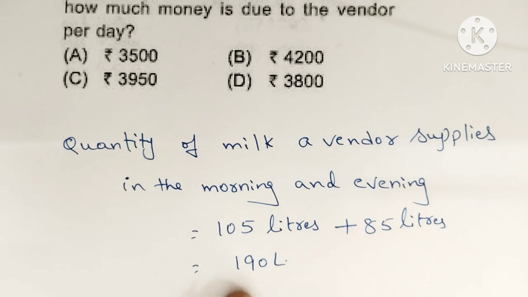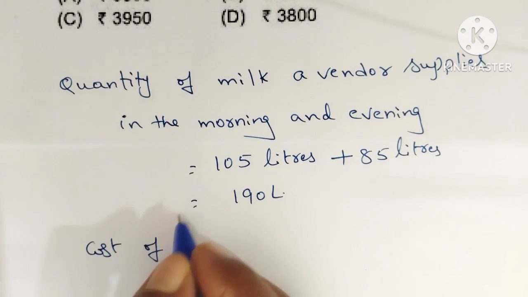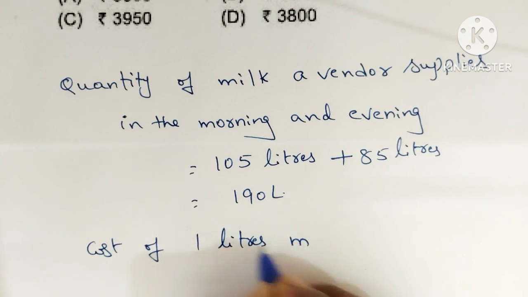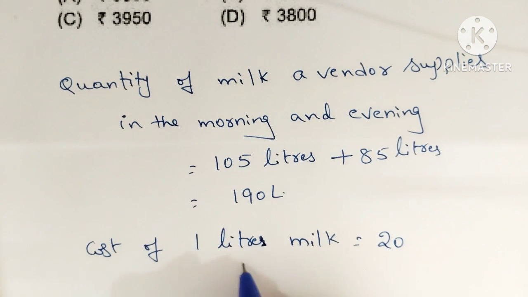So we have to find the total cost of 190 liters of milk. Cost of 1 liter of milk equals 20.